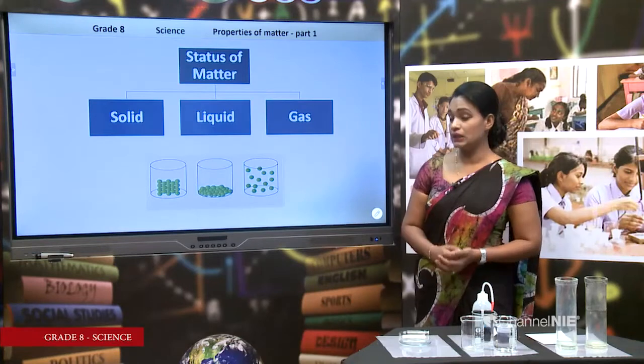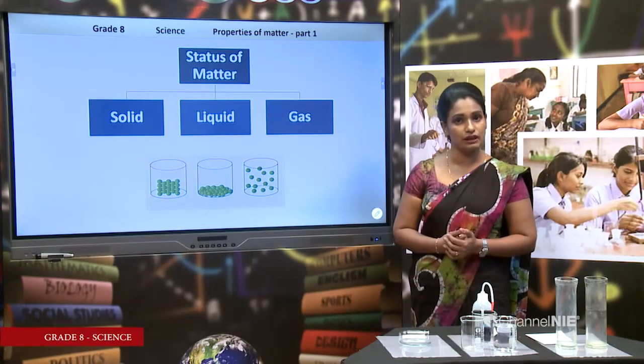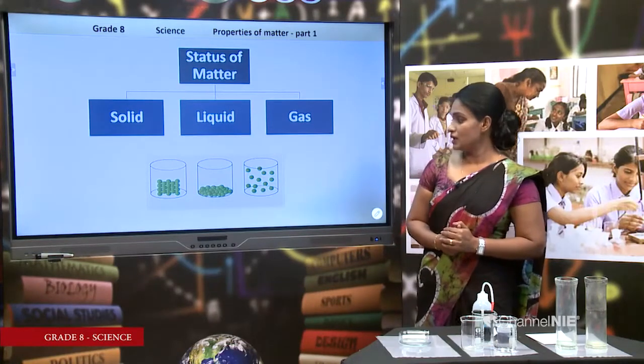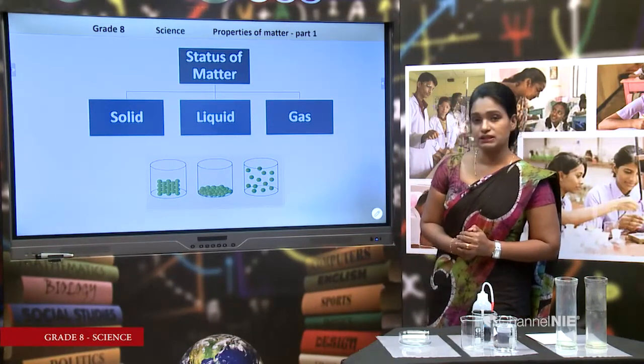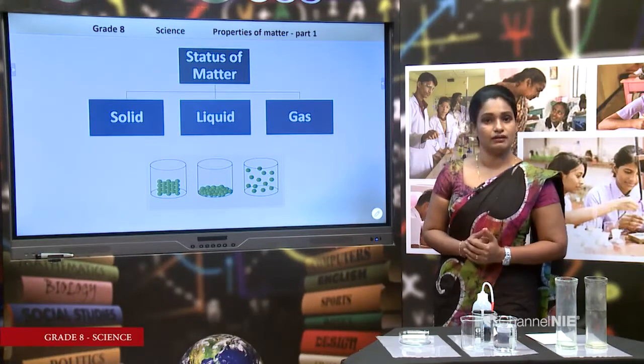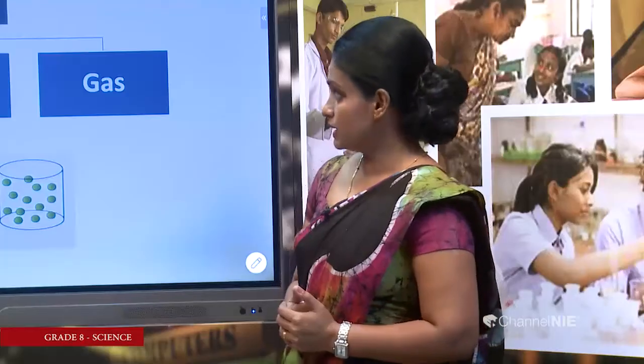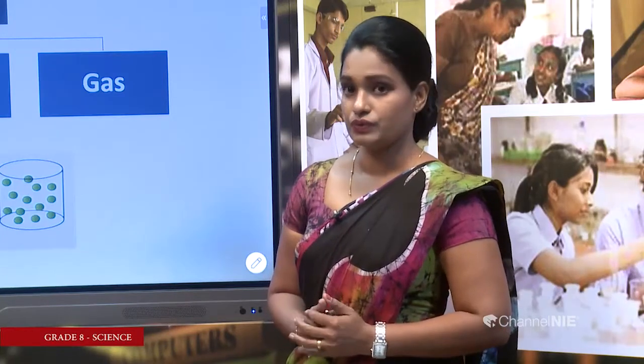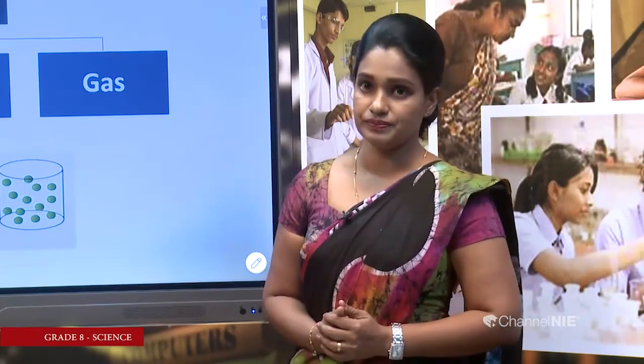Can you see the spaces among the particles are somewhat higher than the solid. So, particles can move here and there. So, that is the particulate nature or behaving of the particles in a liquid.